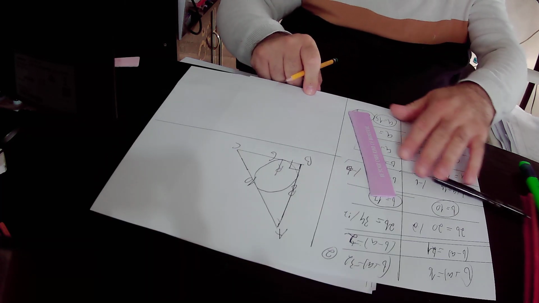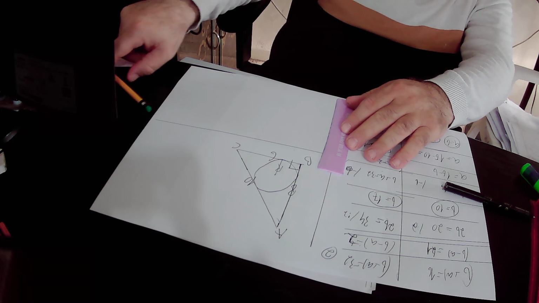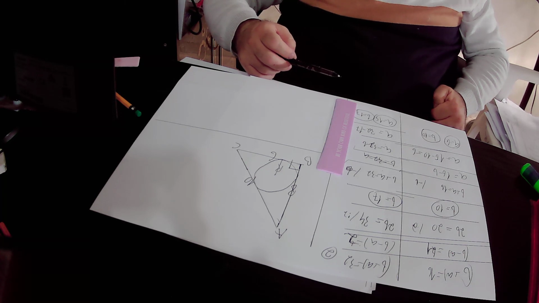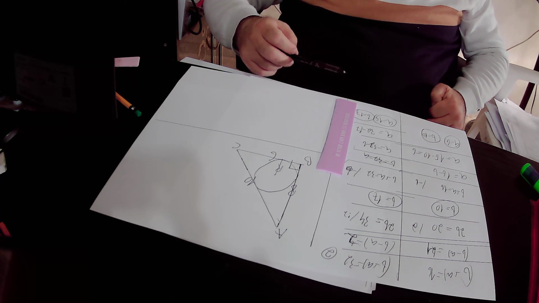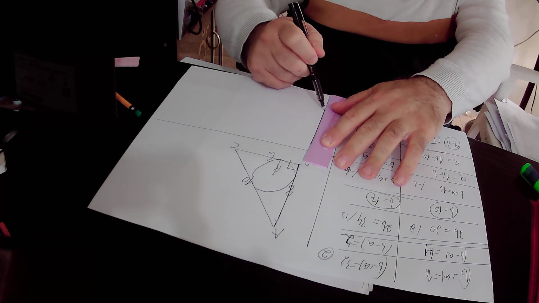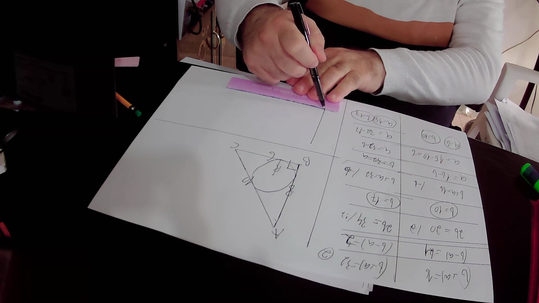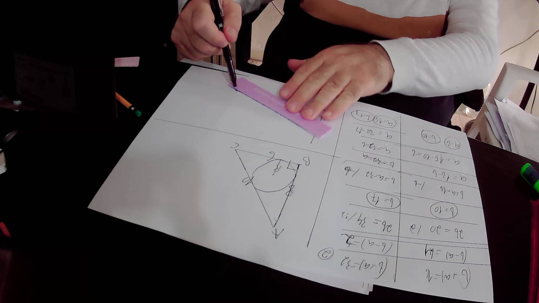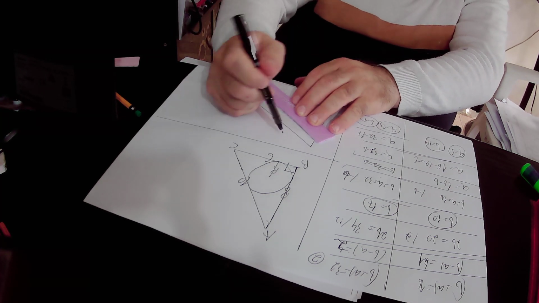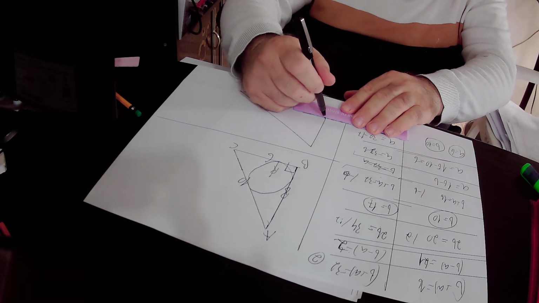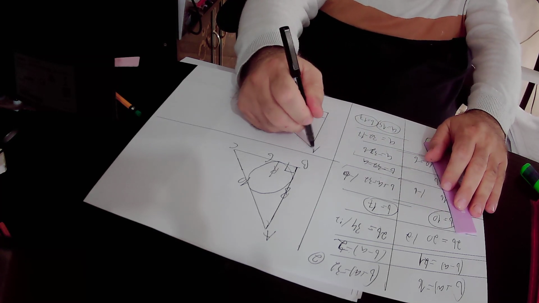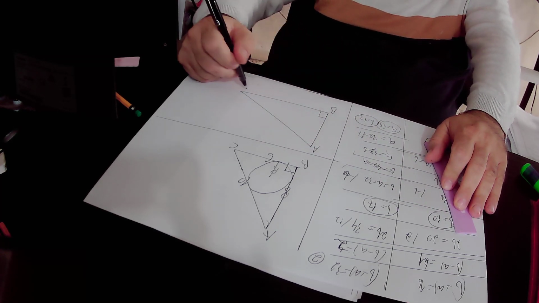The second option is we have another right triangle that is a solution to the question. This is the right triangle ABC.